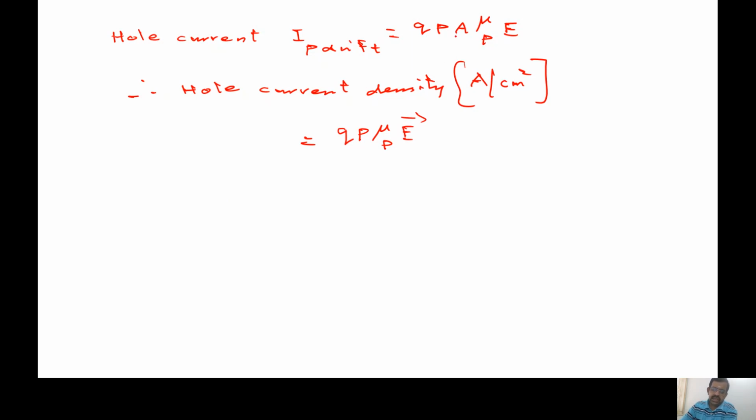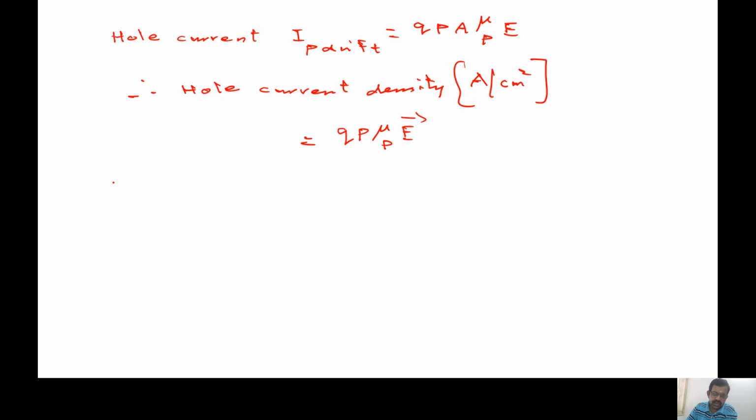The area of cross section gets divided because current density is nothing but current per unit area. Therefore, the area of cross section A goes off. Okay, QP mu PE. So that is the hole current density.